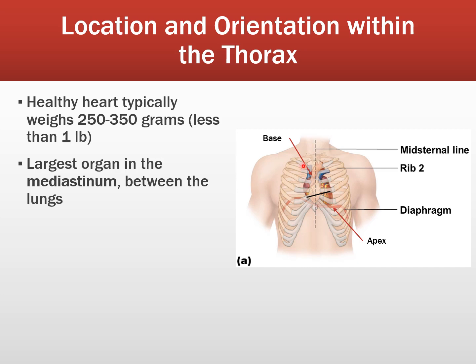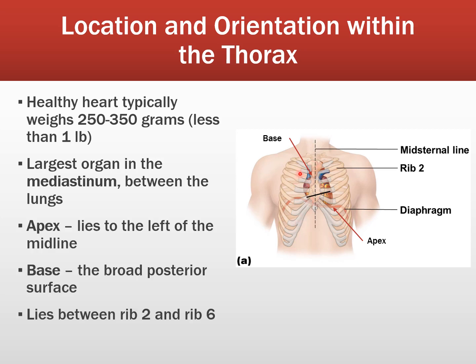This area in the center of the chest is called the mediastinum. And the heart is the largest organ in the mediastinum. You have the thymus in there as well, and the trachea and the esophagus. So there are other structures in the mediastinum as well.